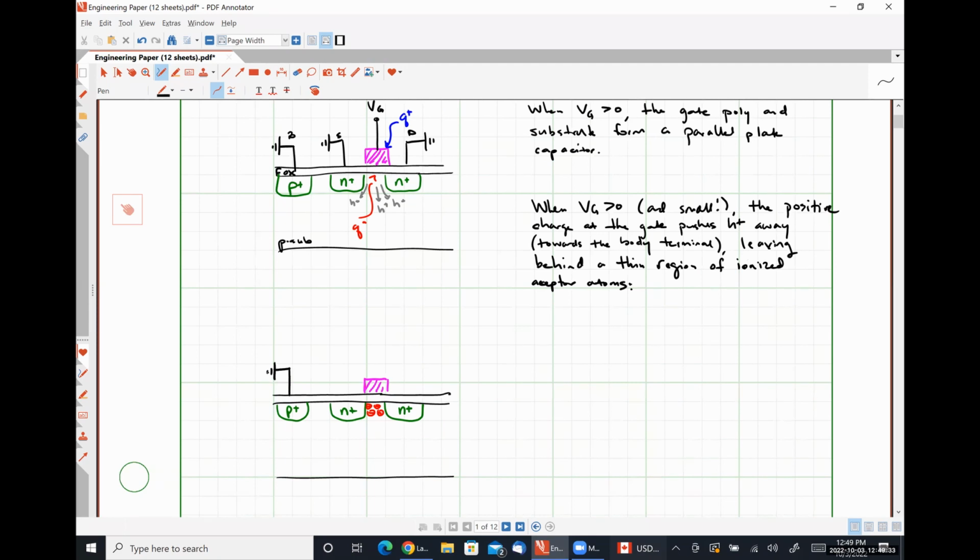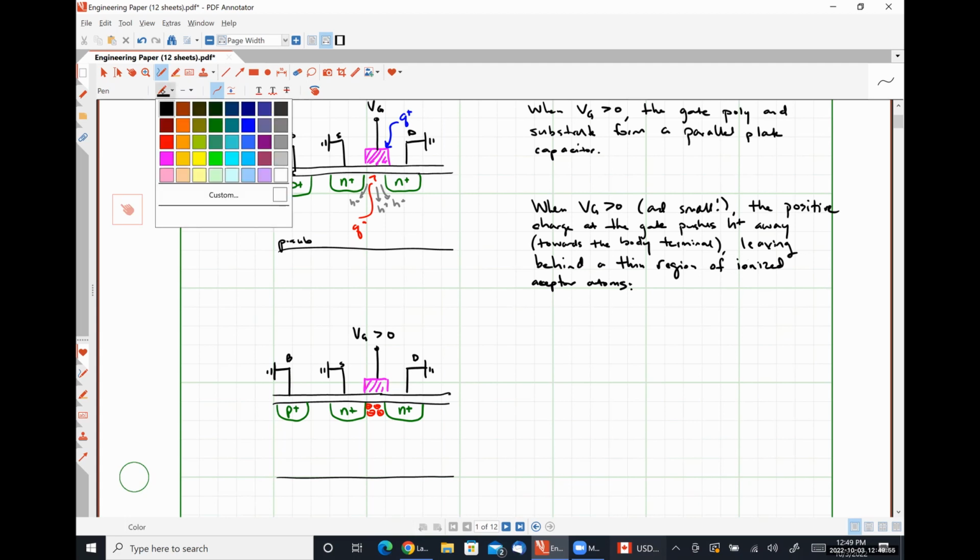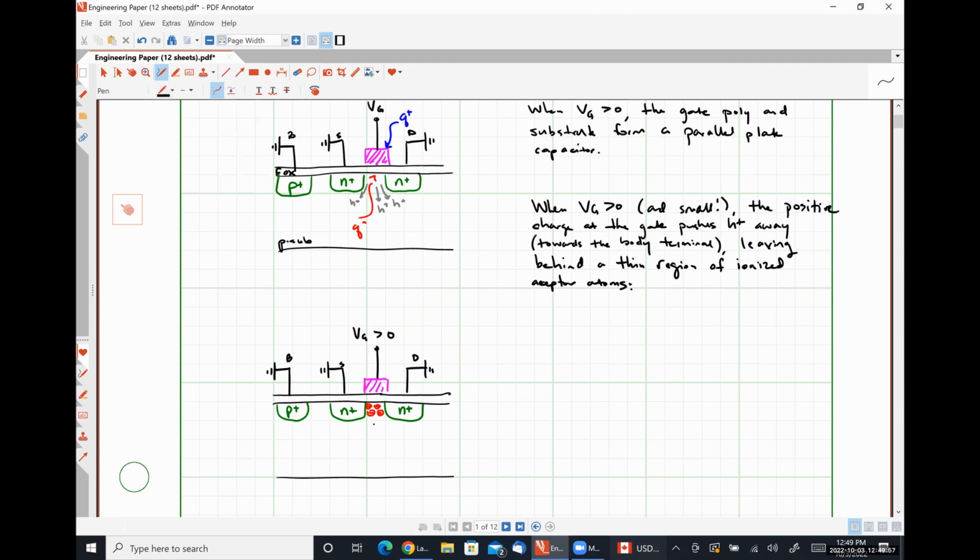Yes, because the holes have been pushed away, so all that has to be negative charge there. I'll make a note of that.